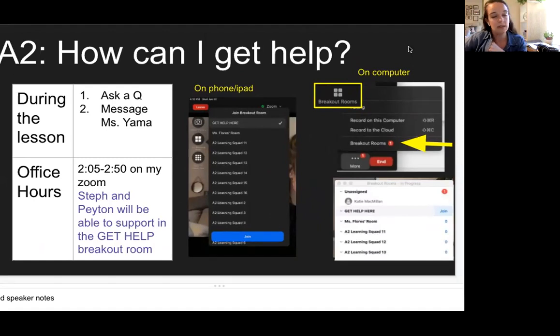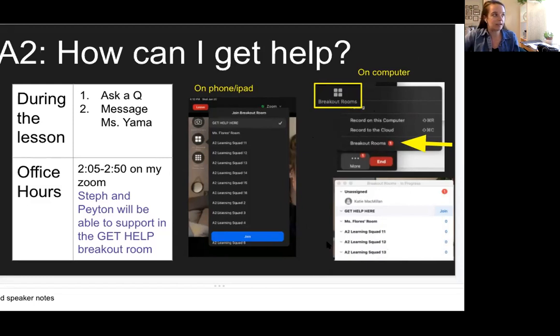You're gonna press join, and then you can check in there. If you want to go with Miss Yamanaka, you can click right here and press the join. If you want to check in individually with me, you can go here and you can press the join button right there, right? And then if you just want to go to another room, if Francis and Moses want to work together, then they can jump into their room right there. Okay, so you have the option to change breakout rooms, and that will let you go to a different room based on where you want to go.